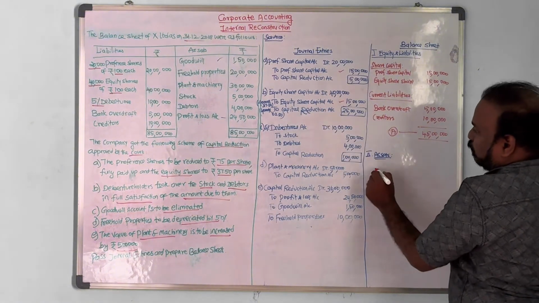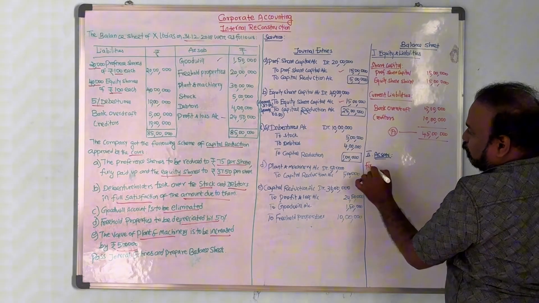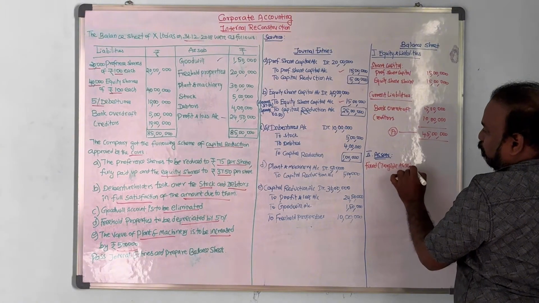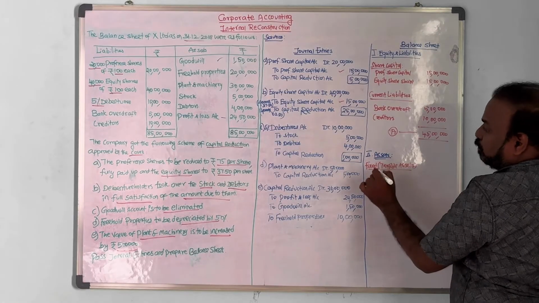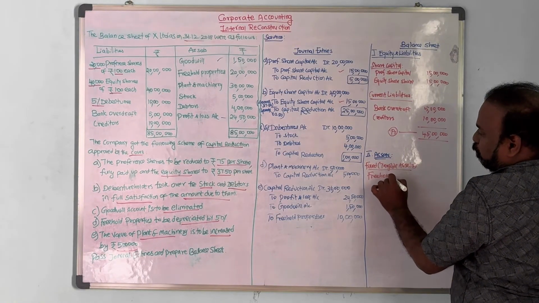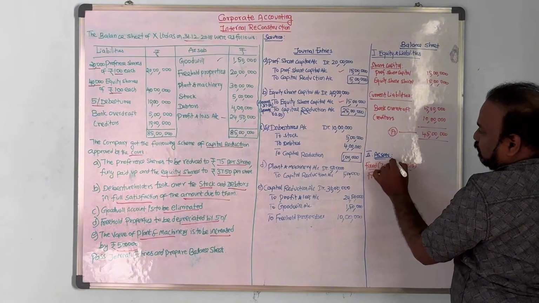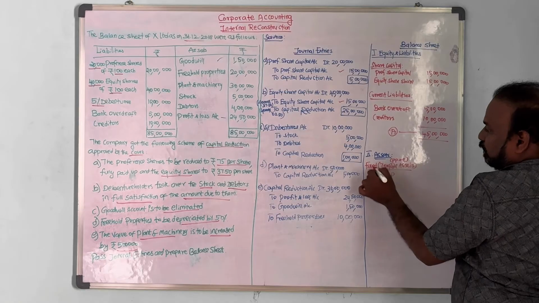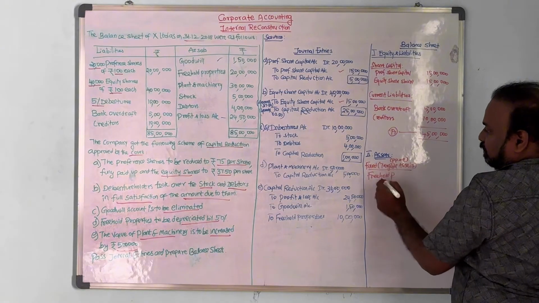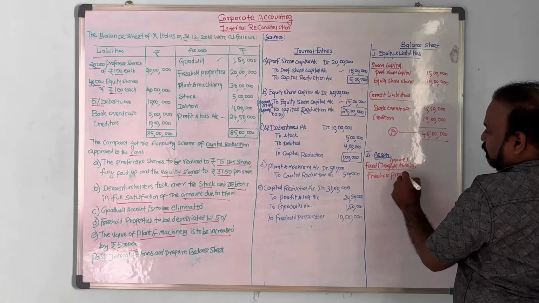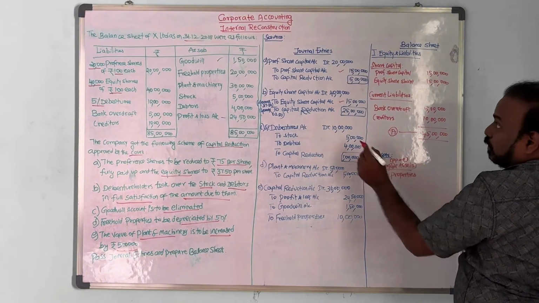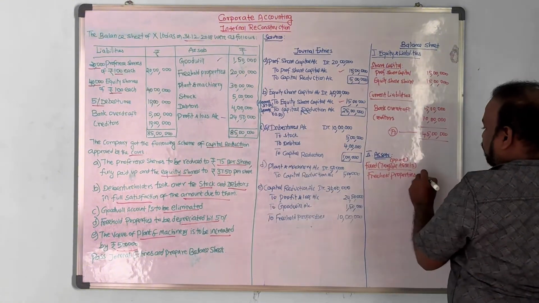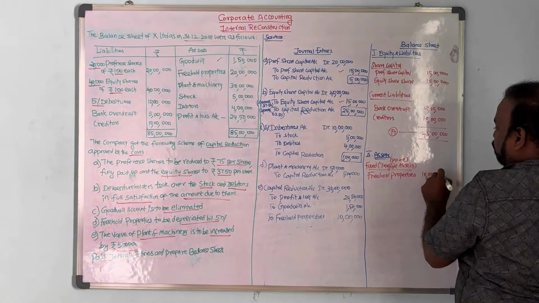Then come to the next, assets. Goodwill we wrote off. Then tangible assets, fixed: freehold properties. You can write the new term PP and E: Plant, Property and Equipment is the new name instead of fixed tangible assets. So freehold properties 20 lakh, but it is depreciated 50%, so 20 lakh minus 10 lakh, 10 lakh is the revised value.